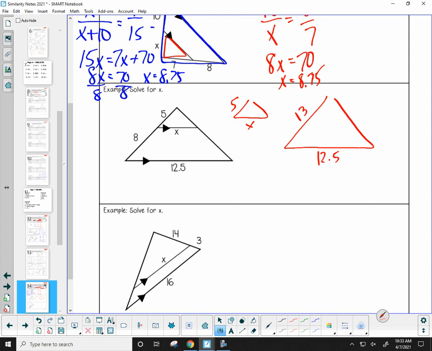So then I can set up my proportion just like what we were doing. 5 over 13 equals x over 12.5. Okay, so I'd have 13x equals 62 and a half. Divide both sides by 13, and I have 4.8. All right?